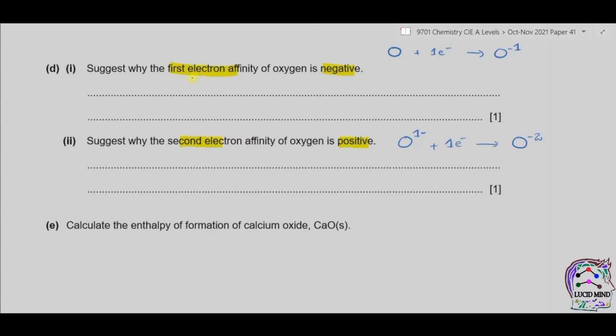So in first electron affinity, it is because there is attraction between nucleus and incoming electron.